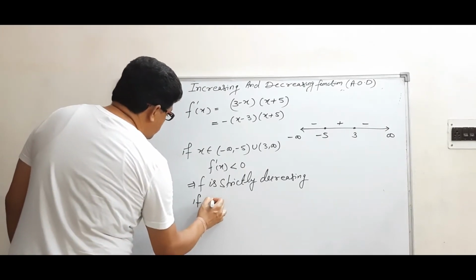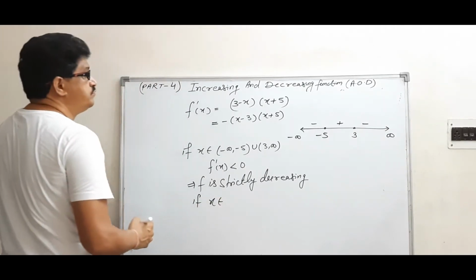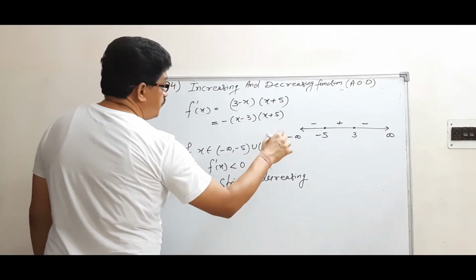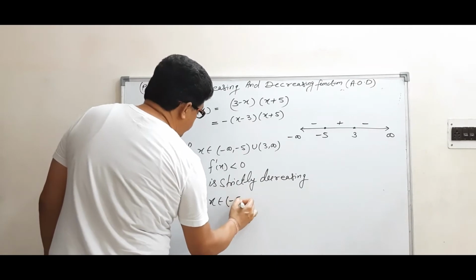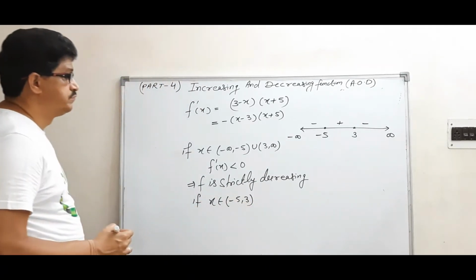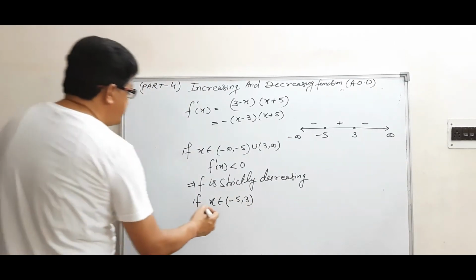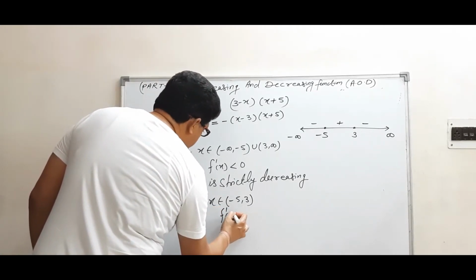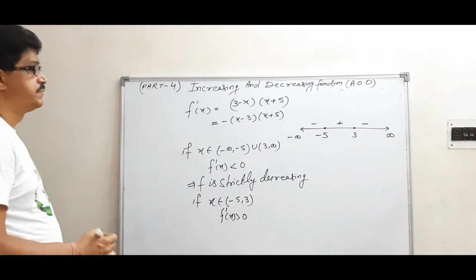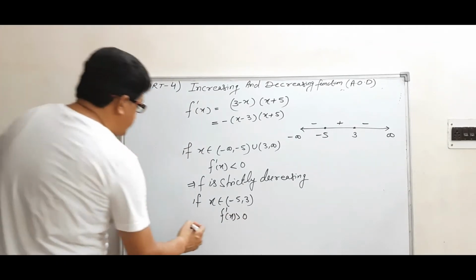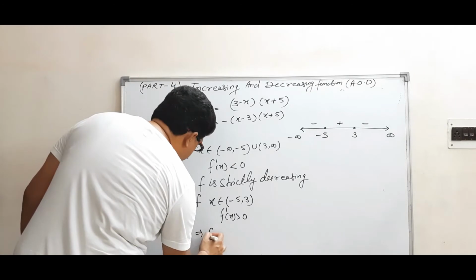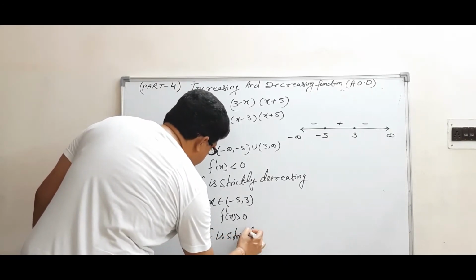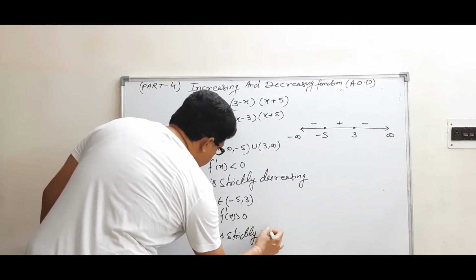If x belongs to (-5, 3), f dash x is greater than 0, and we can say f is strictly increasing.